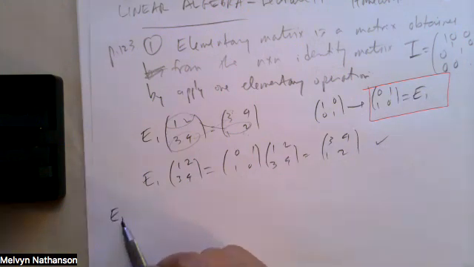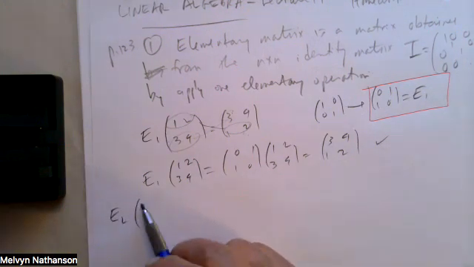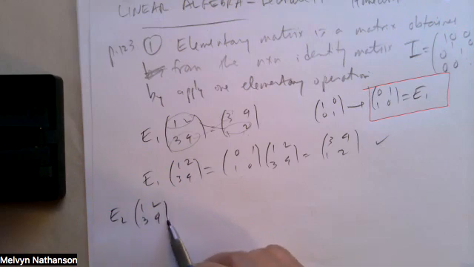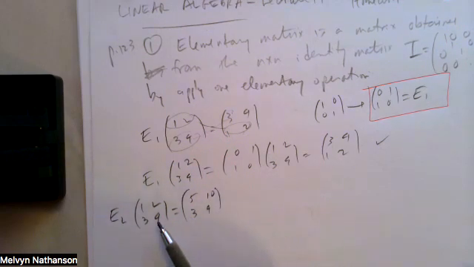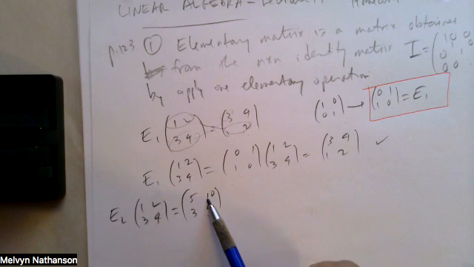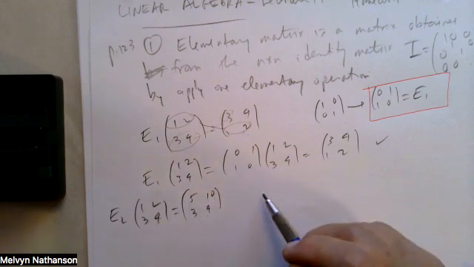Find the elementary matrix E2, which when you apply it to the matrix 1, 2, 3, 4, gives you the matrix 5, 10, 3, 4. Well, what is the difference between these two matrices? The second rows are the same, but the first row is multiplied by 5.